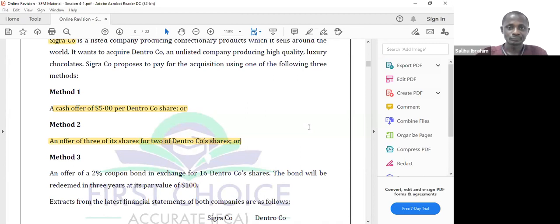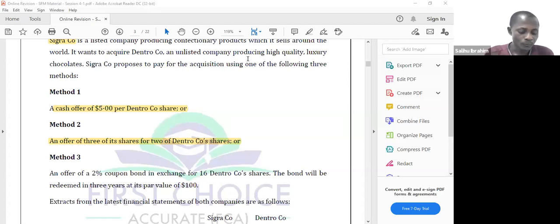So let us continue. I said the ratio is going to be 3/2. So to get the number of shares that we need to offer to Dentroco, you multiply the ratio by the present number of shares of Dentroco. The number of shares presently is 1,250.